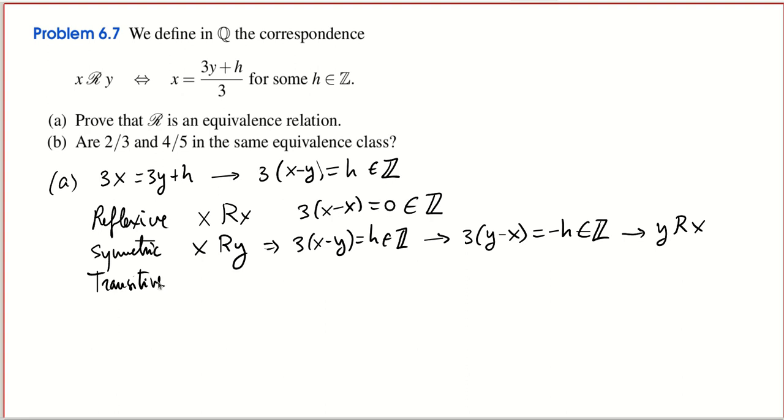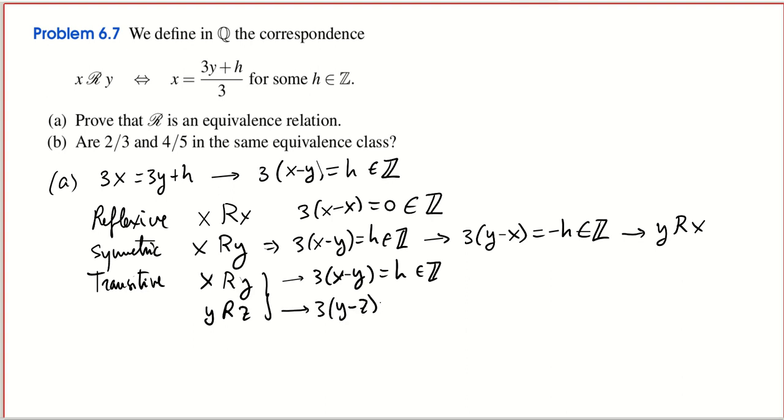Transitive means that if x is related to y and y is related to z, then what we have is the following. For the first, we have that 3 times (x minus y) is some integer h. From the second, we have that 3 times (y minus z) is some other integer, let's call it h prime.